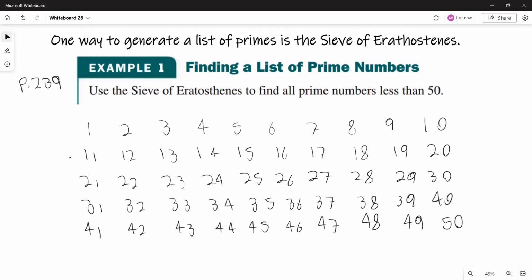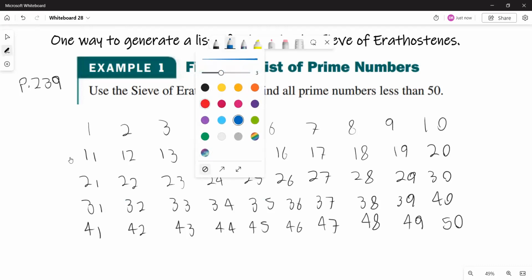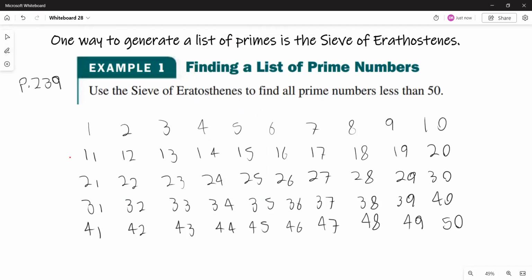Okay, so the way this works is by crossing out numbers that are not prime numbers. So 1 is not a prime number. The smallest prime number is 2. So 2 is a prime number. If 2 is a prime number, every multiple of 2 is not going to be a prime number.